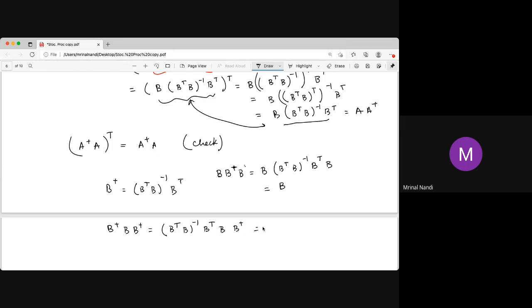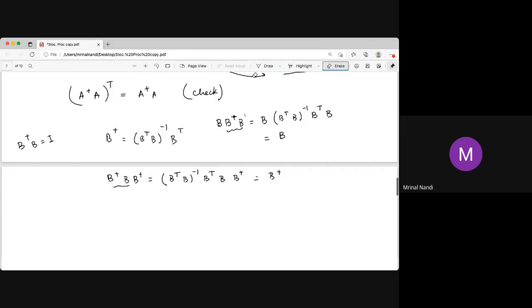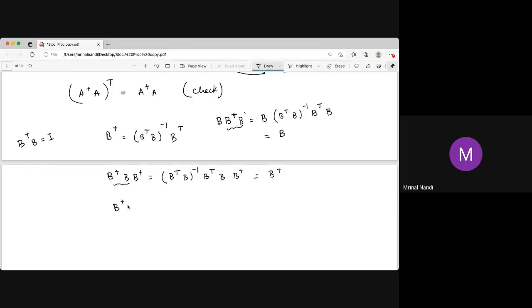So B plus B is identity, so it is B plus. Now what we have to check is (B plus B) transpose. B plus B is identity, so that transpose is also identity, and identity transpose is identity, which is B plus B.